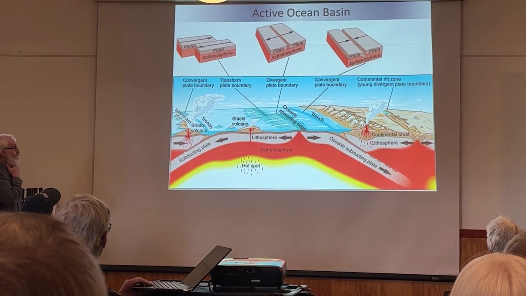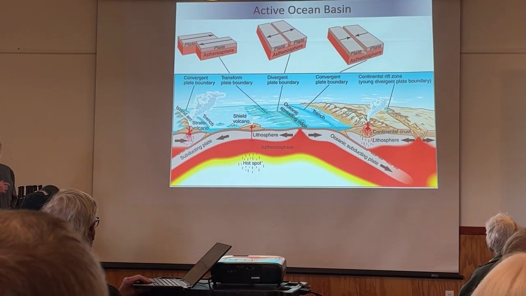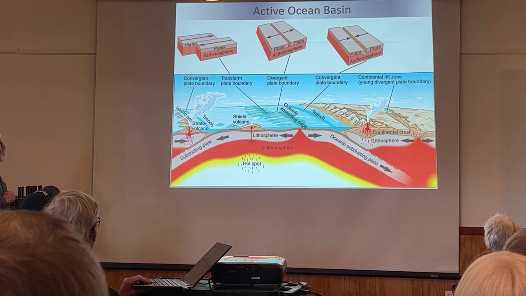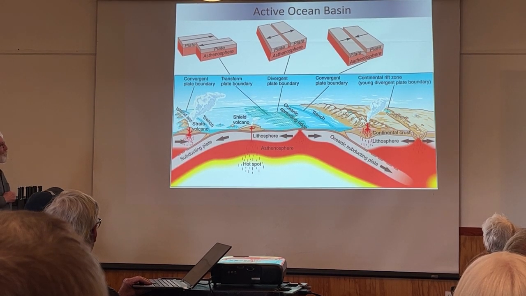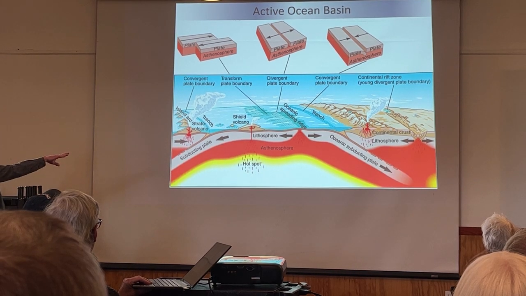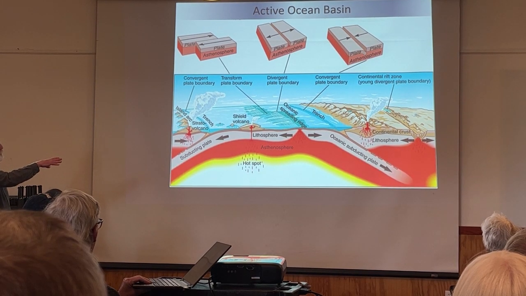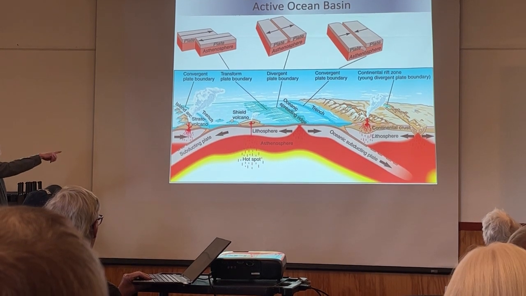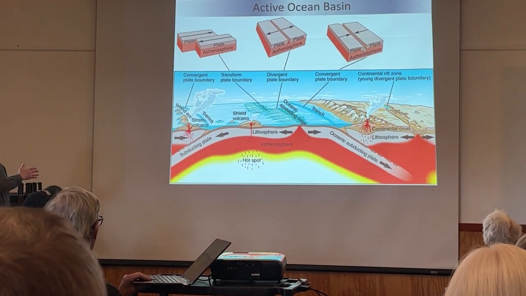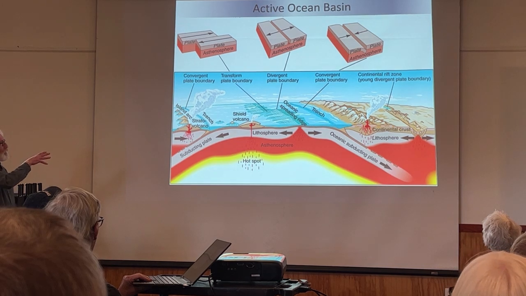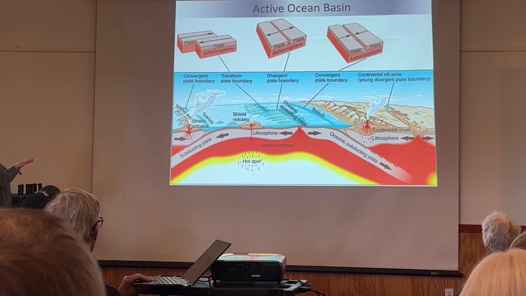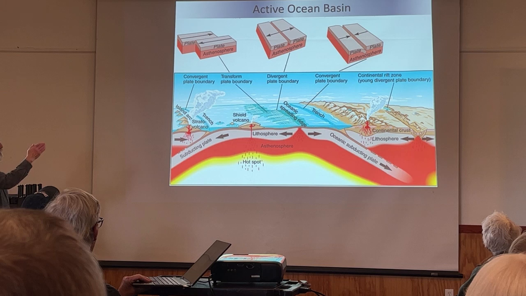And then we go to an active ocean basin. And there's a lot more to talk about here. Think of this as the Pacific, okay? We're over on the right. There's our Cascade volcanoes going on. It's got an oceanic spreading ridge off the coast. We call our spreading ridge the Juan de Fuca Plate. And it's got a trench.